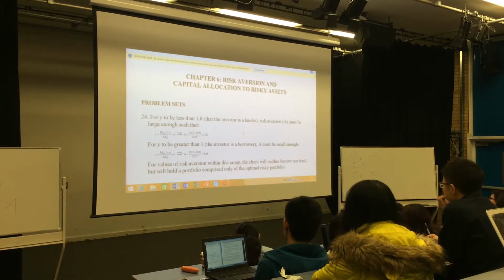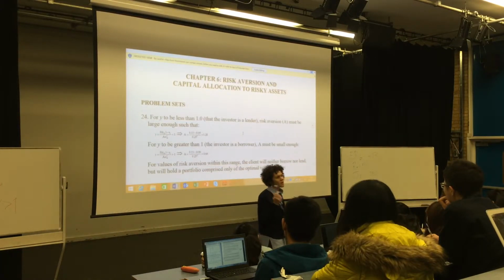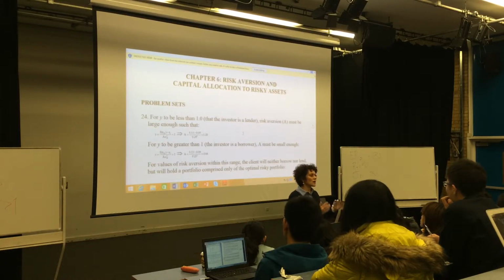Yes? Why can't you just equate epsilon with 1? No, because yes, in the exam you can also put 1, but what the exercise wanted to say at the end is, if you want to know the margin, how much A should be if you don't want to borrow, so just lending or using your own money, or if you just want to borrow the money.